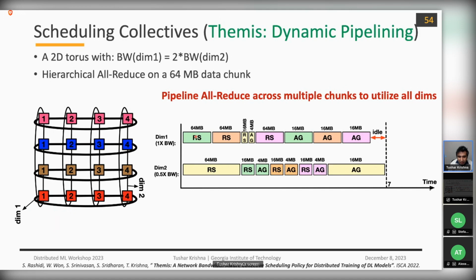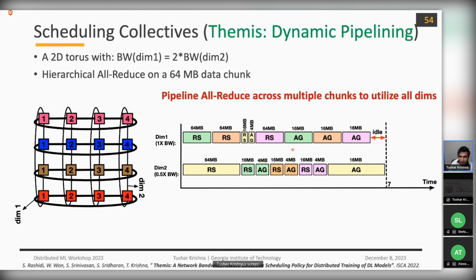Then let's say the second all reduce is also scheduled here, the orange one. Then when it comes to the third all reduce, the yellow one, instead of starting it here, I actually started from the second dimension. So I actually started from the lower bandwidth dimension. So this obviously takes longer. Then, the green one finishes here, the orange one finishes here. This one does the second phase in this dimension. The pink one again gets started here.